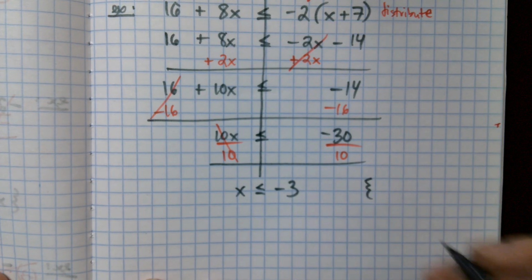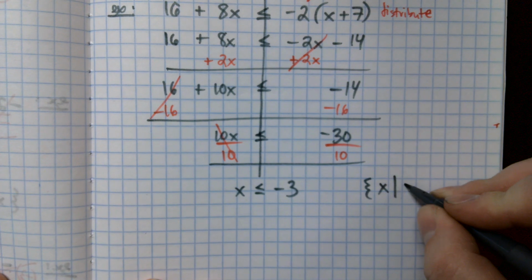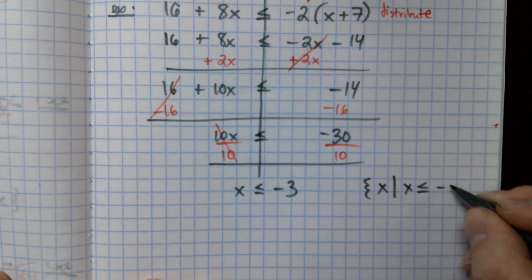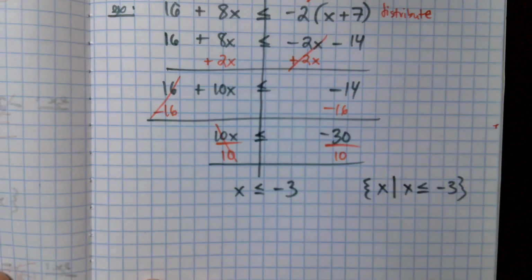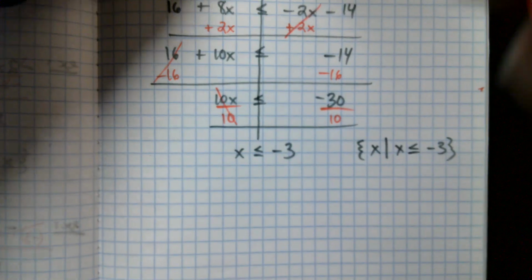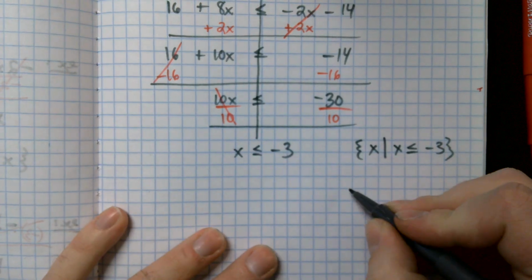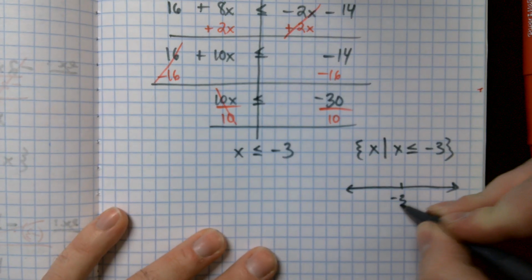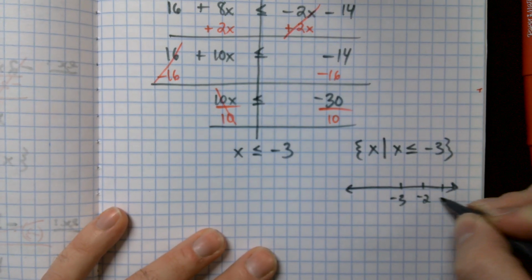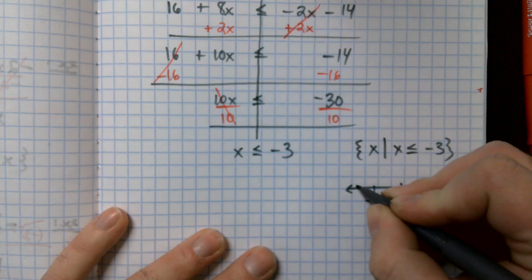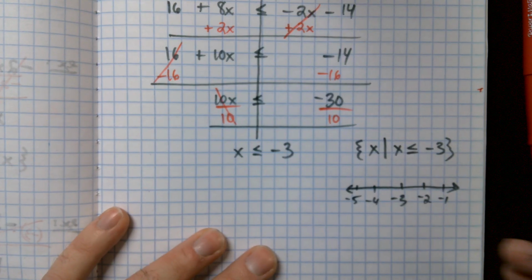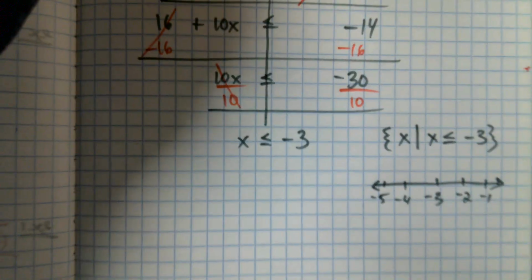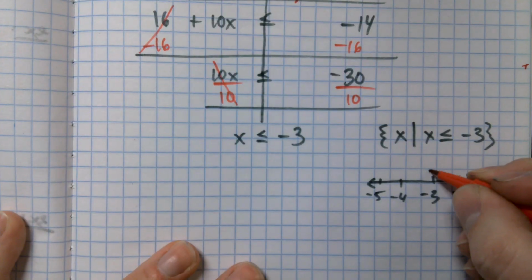I'm going to write in set notation that my answer is all real numbers x, such that x is less than or equal to negative 3. And then I'm going to graph it. What type of dot should I make at negative 3? Closed dot.